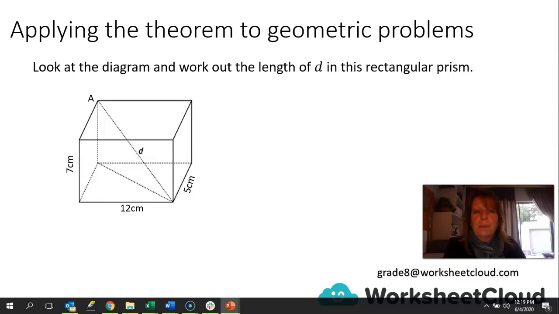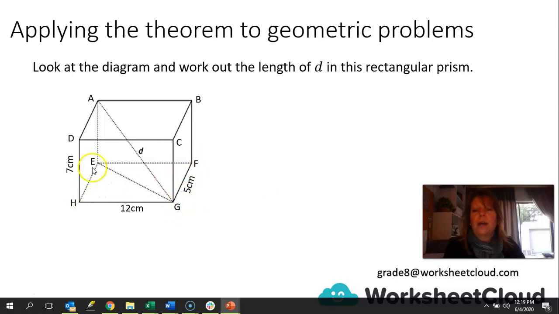I've named my vertices or corners A, B, C, D on the top rectangle and E, F, G, H on the bottom rectangle. Now we know this is a rectangular prism, so there are some things that are given. In other words, all the breadths, so the 5 centimeters, are all going to be equal.